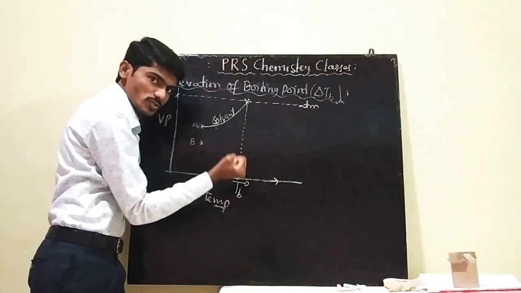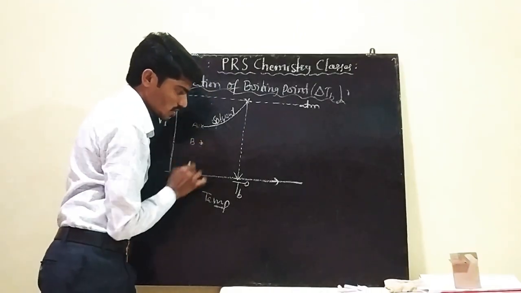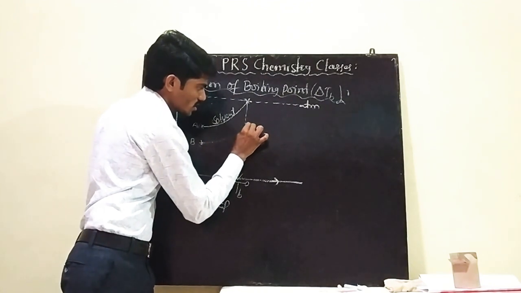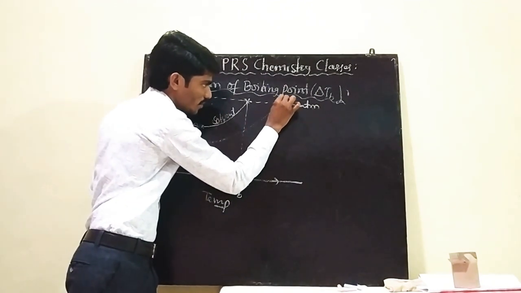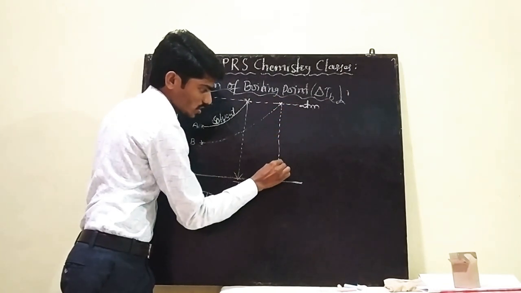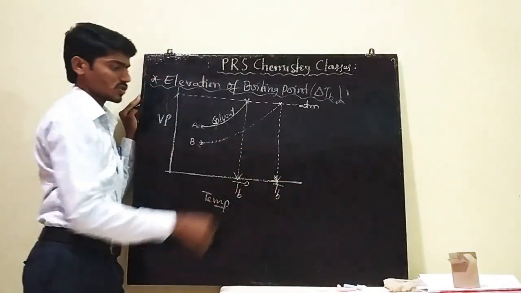So vapor pressure of solution is less than vapor pressure of solvent. Vapor pressure decreases, and this vapor pressure increases with temperature. At a particular temperature it reaches atmospheric pressure. This temperature is known as Tb, that is the boiling temperature of solution.